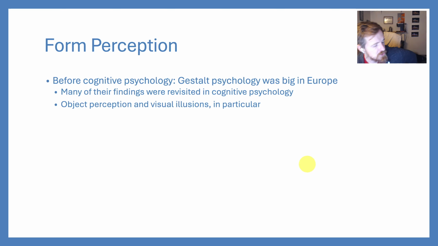So to shift gears yet again, and we're kind of entering our final stretch here, I want to talk about form perception. So how we are able to recognize very rudimentary shapes. Before cognitive psychology was around, which again, remember, is kind of new, came around in the late 50s, early 60s, Gestalt psychology was huge in Europe, and based on the name Gestalt, you can probably guess it came out of Germany.